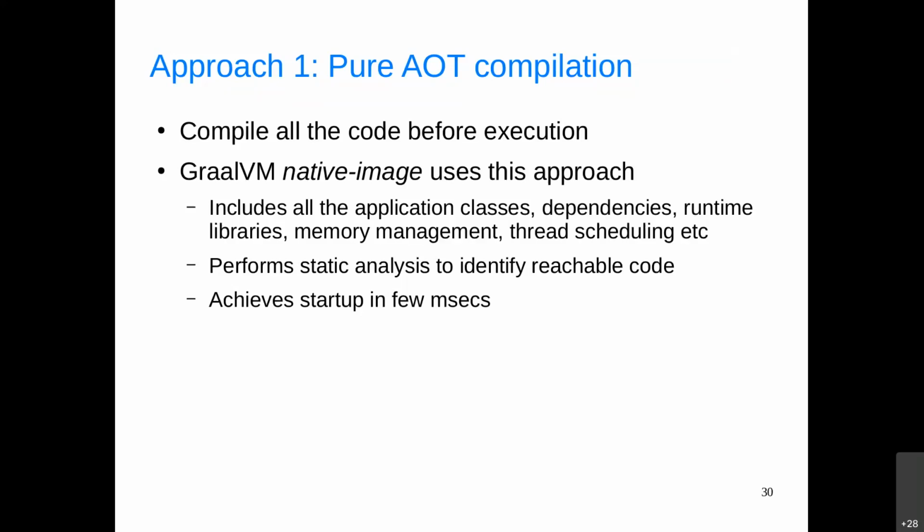So to be able to perform pure AOT, we need to identify all the code paths of the application. We need to know every method that can get executed at runtime, irrespective of whether it comes from the application code or from any of its dependencies.